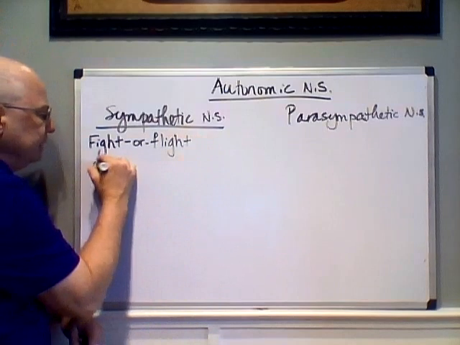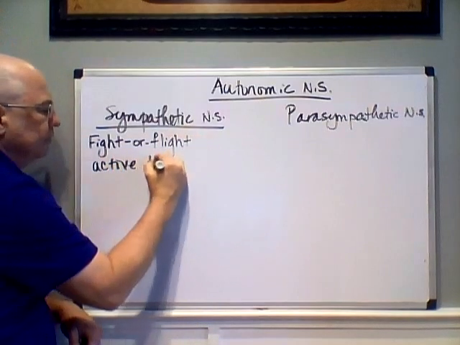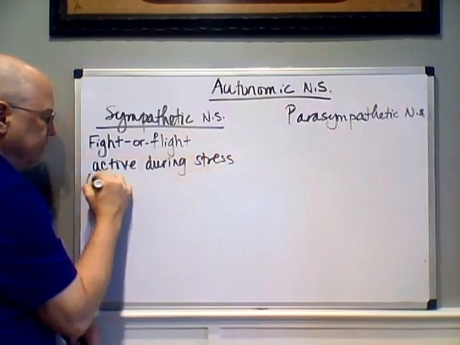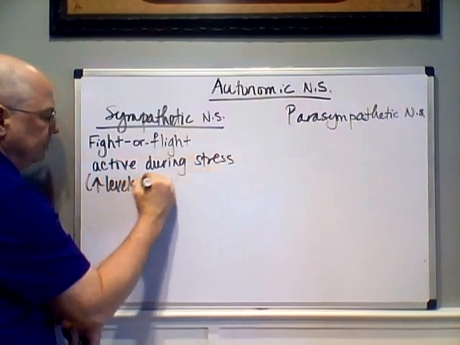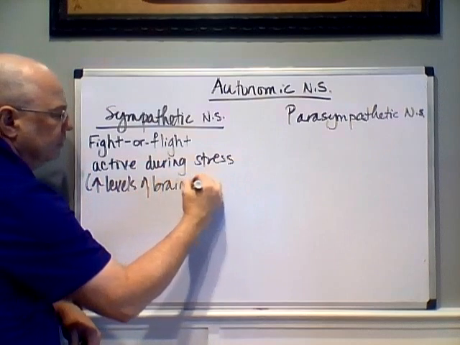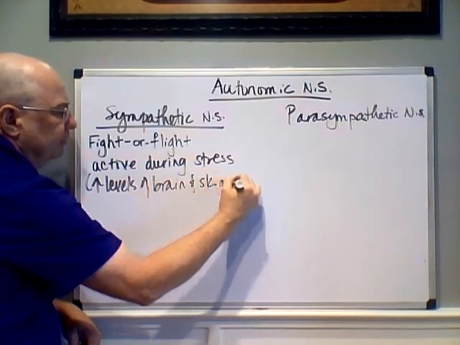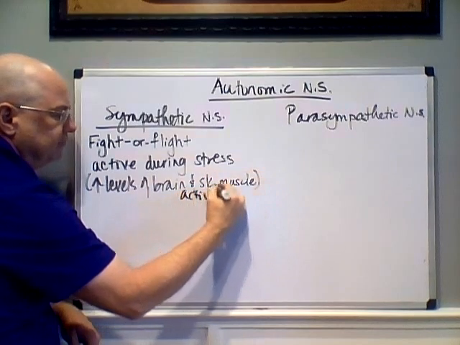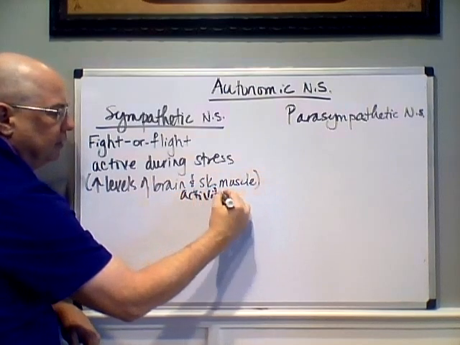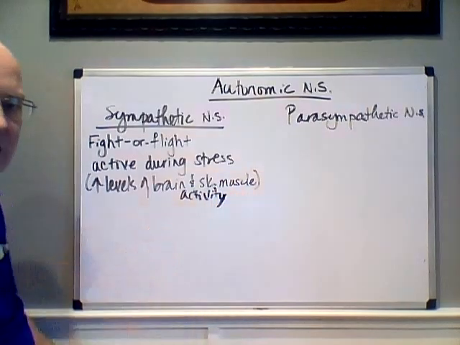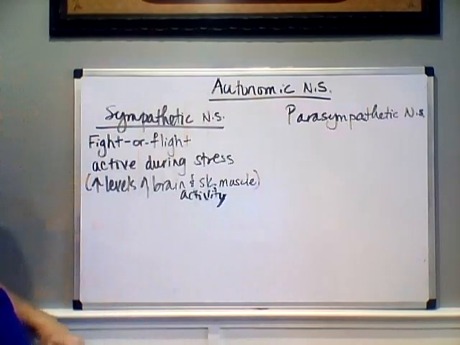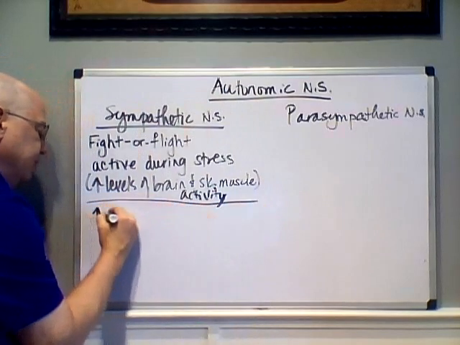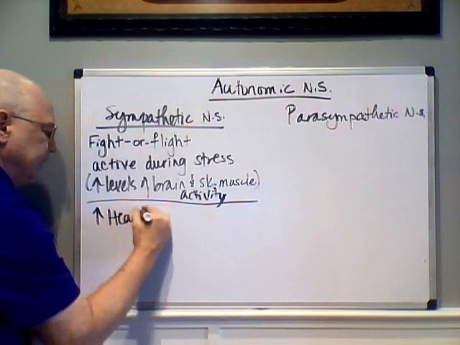And so, it is active during stress, or we can say high levels of brain and skeletal muscle, I'm going to abbreviate skeletal as SK, activities. So when my brain and my skeletal muscle are going 90 miles an hour, I'm going to toggle over to sympathetic. Some of the major effects of the sympathetic nervous system is it's going to increase heart rate.